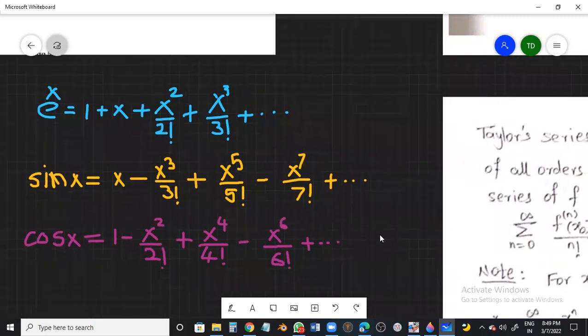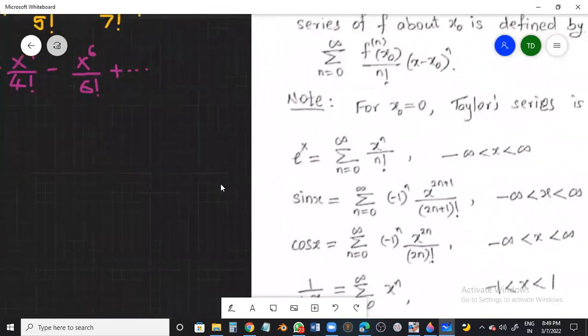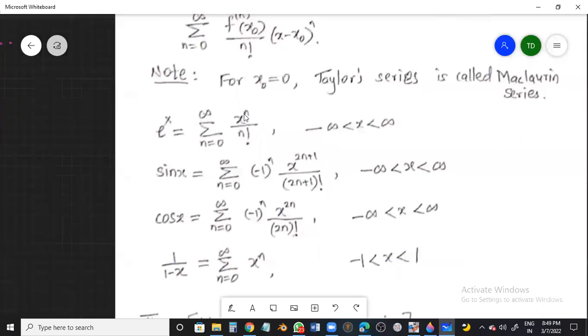Yes, ma'am. Okay. So you can see those series in summation sign. e raised to x you can write as summation n running from 0 to infinity, x raised to n upon n factorial, and the radius of convergence is infinite. So this is convergent throughout the real line. The same is true for sin x and for cos x also.